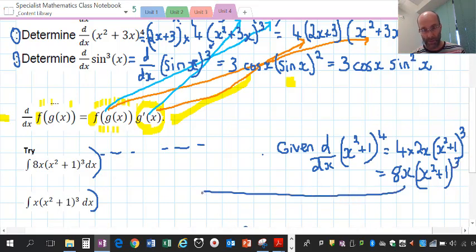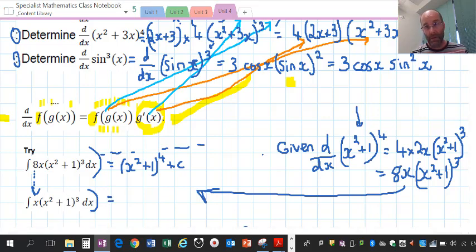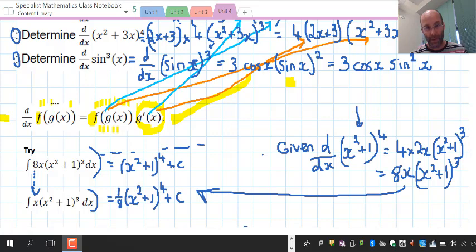So if we integrate that, we should get back to this. Let's have a look. What about this one here? Well, if we integrate that, that's 1/8 of what we had.